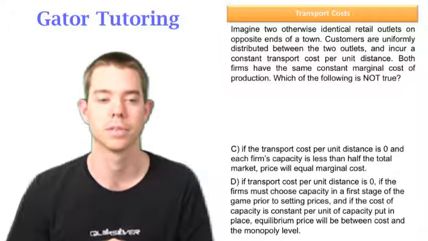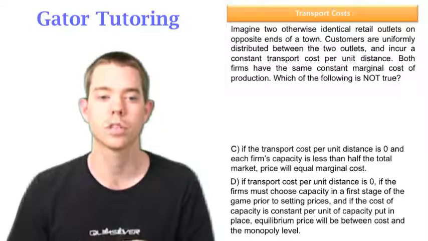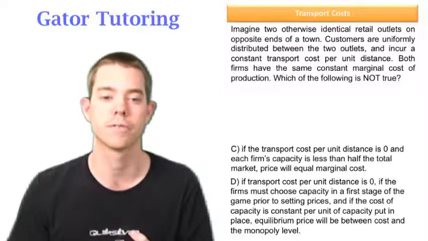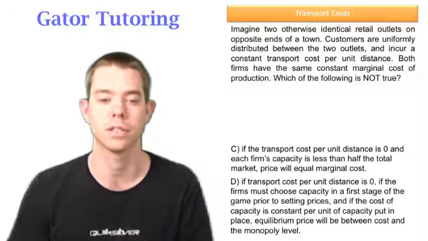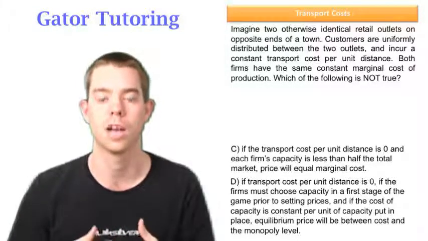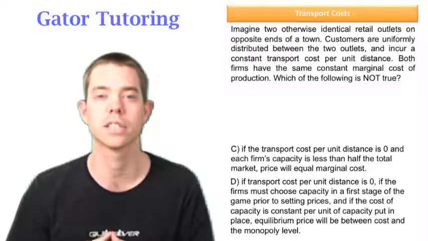D says, if transport cost per unit distance is 0, if the firms must choose capacity in a first stage of the game prior to setting prices, and if the cost of capacity is constant per unit of capacity put in place, equilibrium price will be between cost and the monopoly level. And he uses this example a bunch.